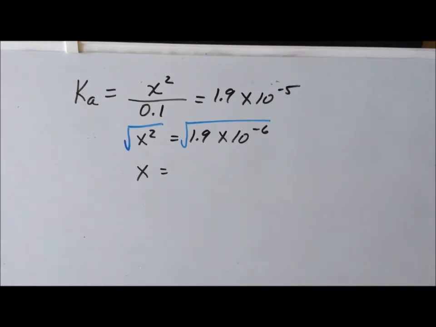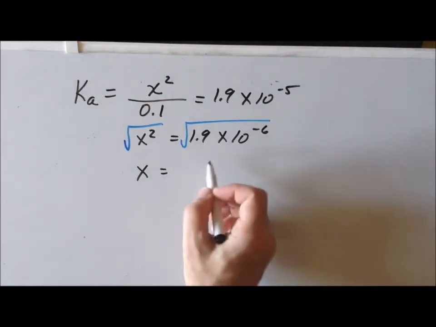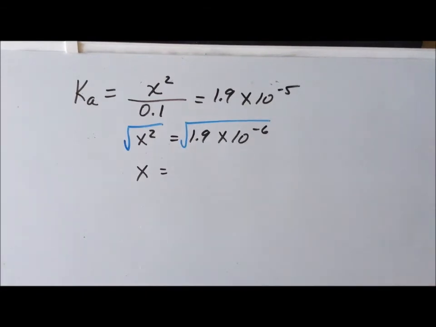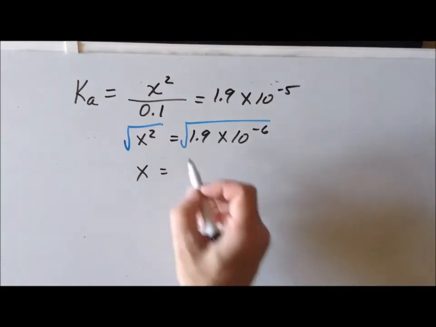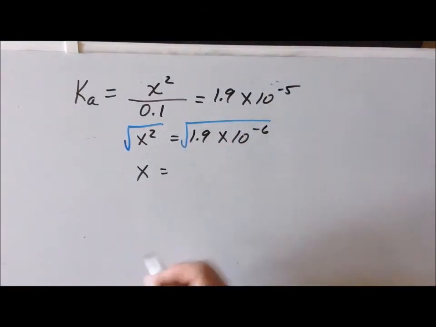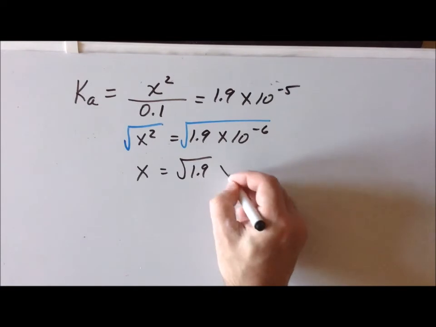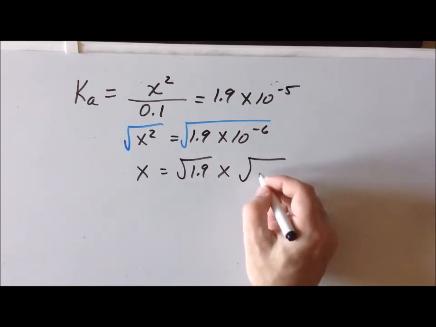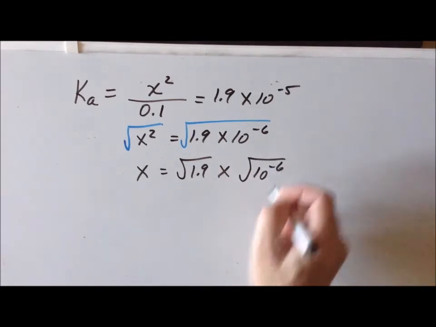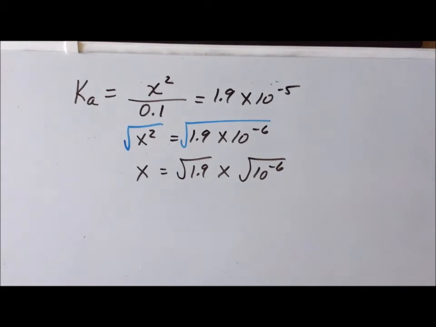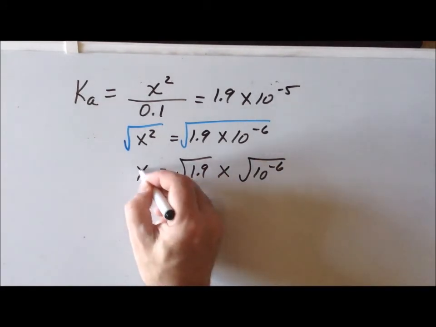So here's what we do. We can make use of the fact that the square root of a product is equal to the product of the square roots. That means that I can rewrite this particular square root expression as the square root of 1.9 times the square root of 10 to the minus 6. And in fact, be careful that this is x as a variable and this is a multiplication.